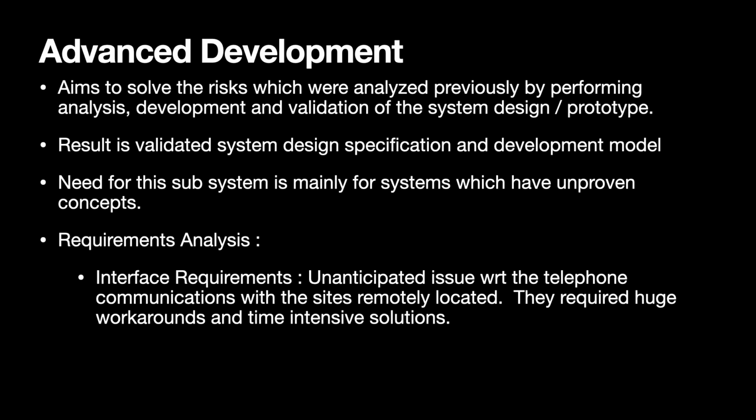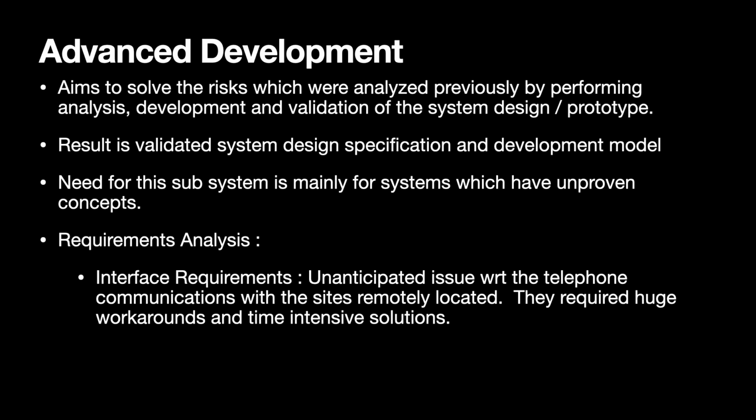The need for this substage is mainly for systems which have unproven concepts, in order to discuss and either prove them or remove them. Now let's look at the different steps that were followed by the GPS system engineering team as part of the advanced development.